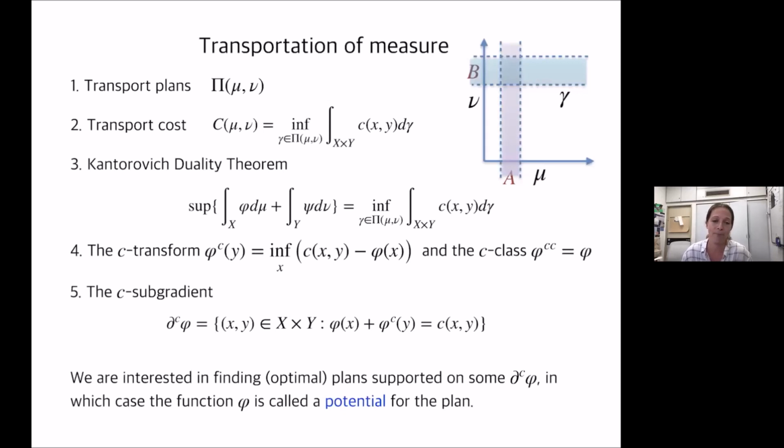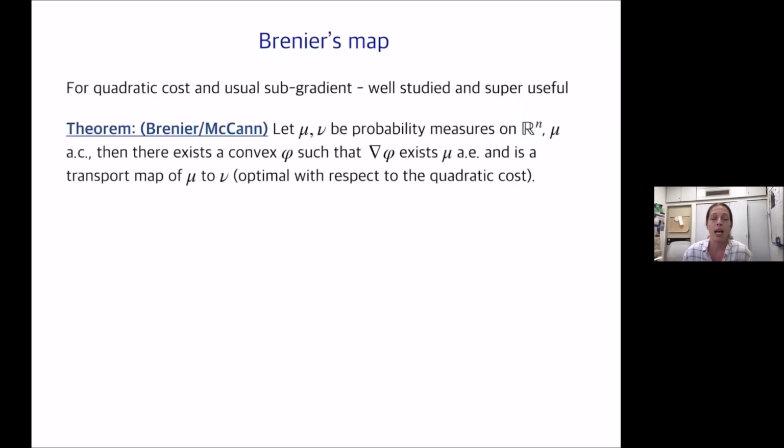Okay, very good. Now let's recall that for the classical cost, these things are very well studied. The classical cost I call the quadratic cost, with the usual subgradient instead of the c-subgradient. This is well studied and also super useful, and this is the well-known Brenier map.